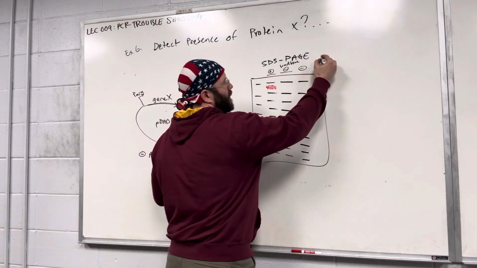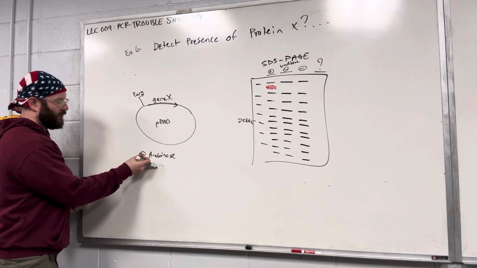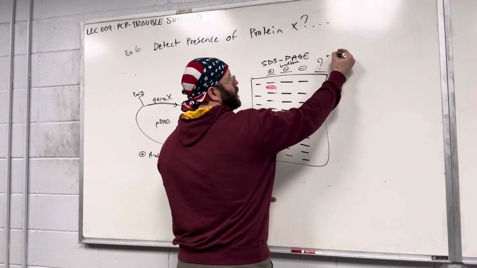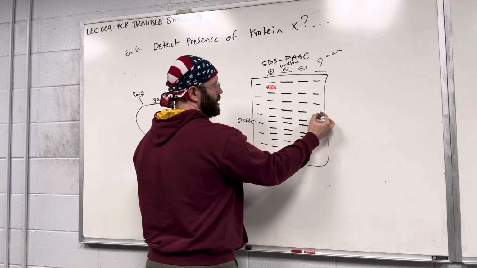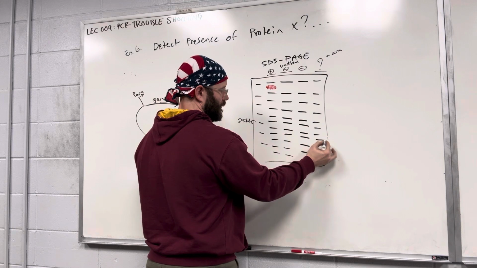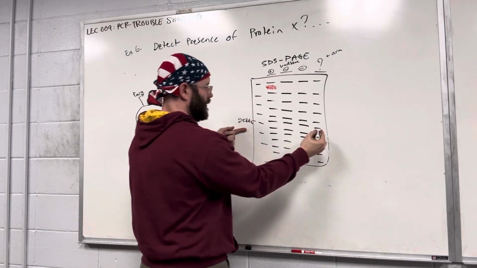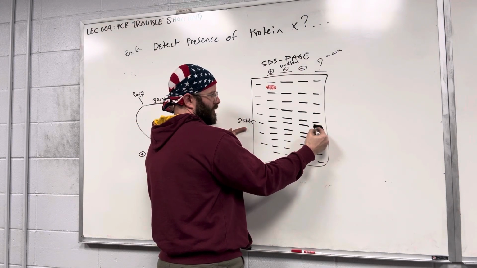And now run your sample, okay? Your sample, in this case, plus arabinose. So sample plus arabinose. In this case, you should see all these bands plus something right at 25 kilodaltons.